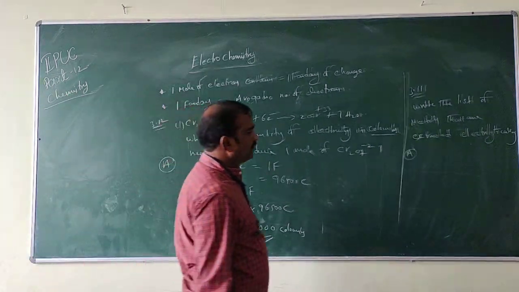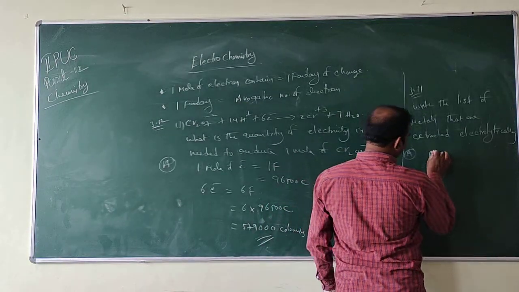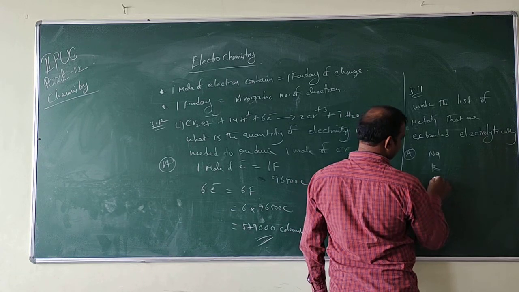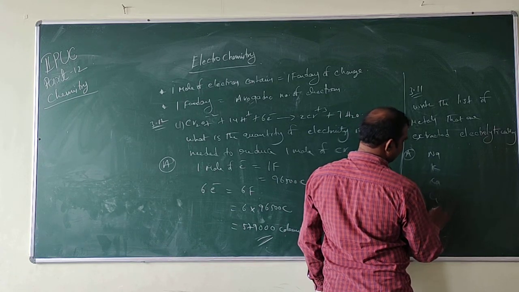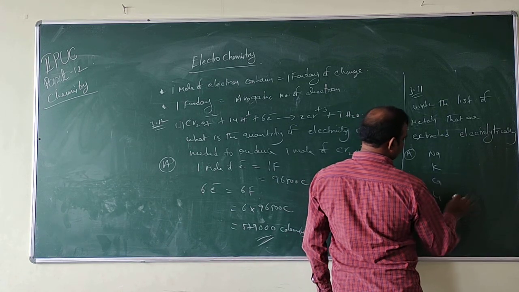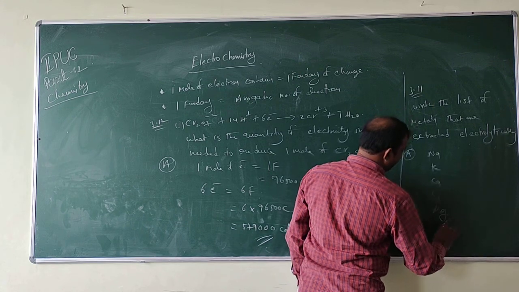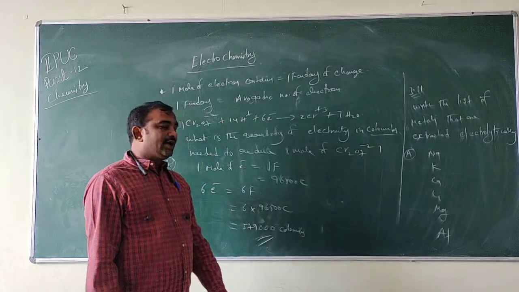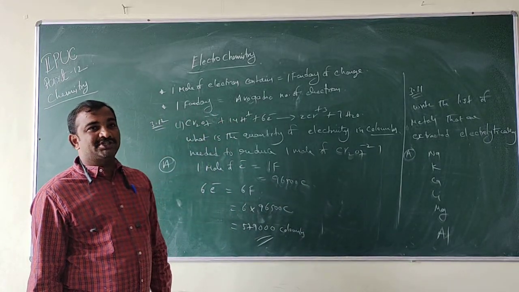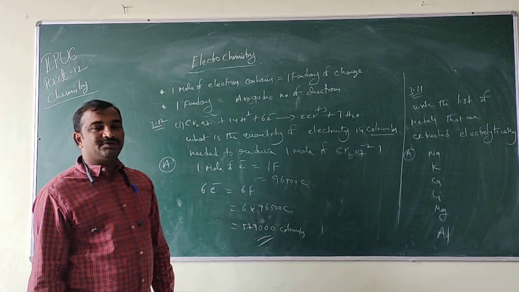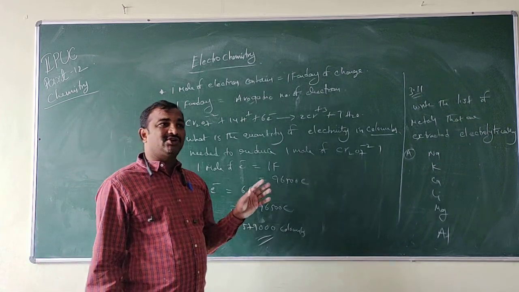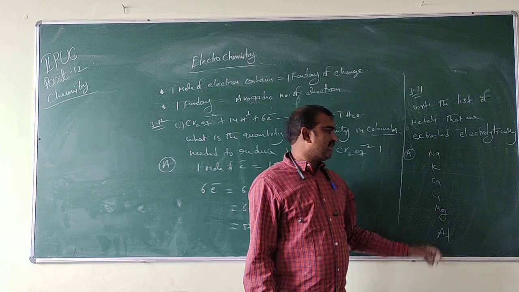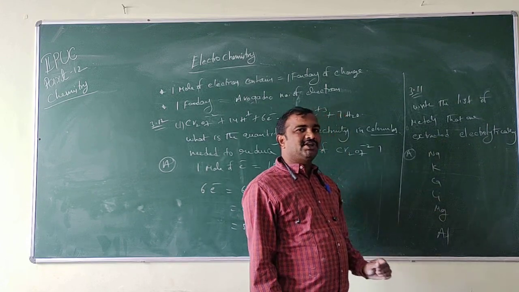So see here, these are the metals you can extract electrolytically: sodium, potassium, calcium, lithium, magnesium, and aluminum.